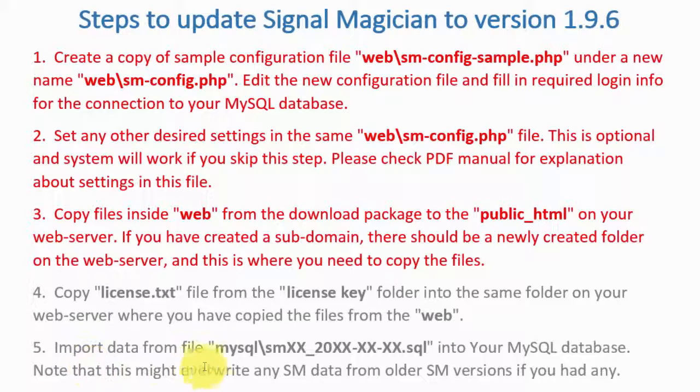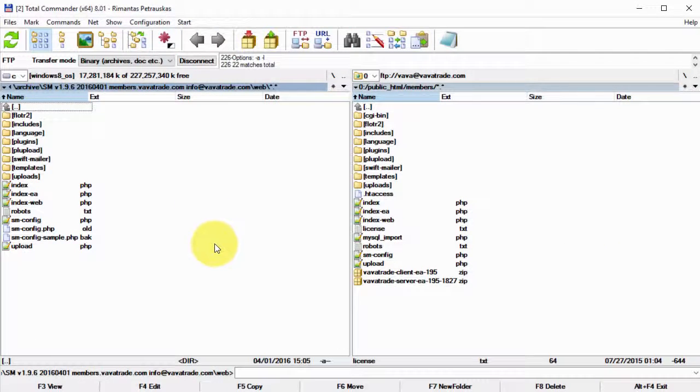Importing the file would overwrite any data from the older Signal Magician version. So if you don't want to overwrite the data, and in most cases you don't want to overwrite it, don't import that file during the update process.